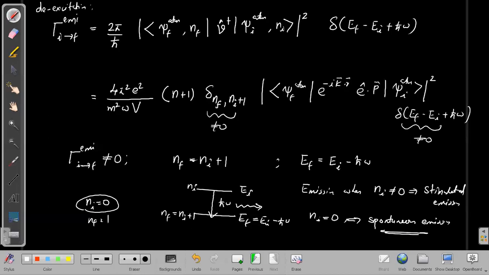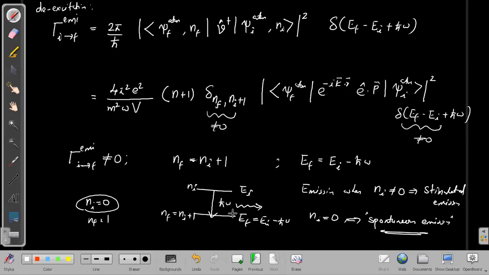Earlier, when we were discussing the classical or semi-classical theory of atom-field interaction, we were not able to account for spontaneous emission. There, in order to have emission or de-excitation, the field must always be present. But here you can see that even in the absence of a photon, the atom can emit a photon.